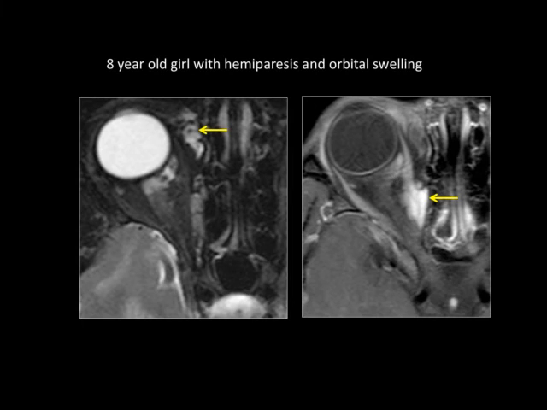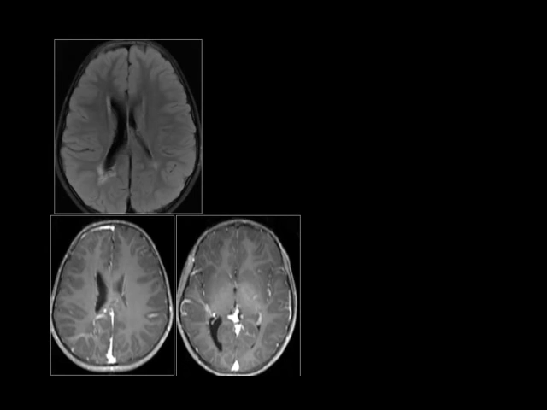Because the girl also had hemiparesis, there is this brain imaging. There is a periventricular FLAIR hyperintensity at the trigone and the occipital horn.